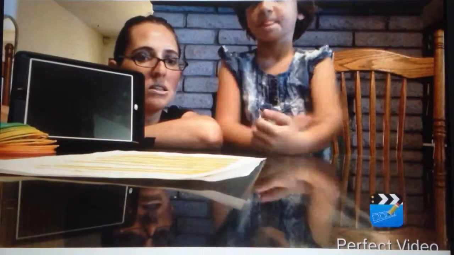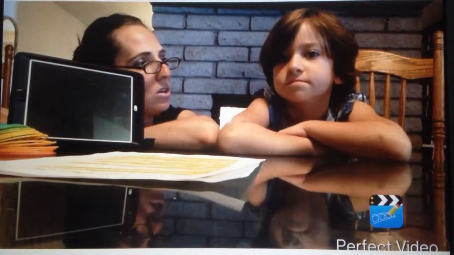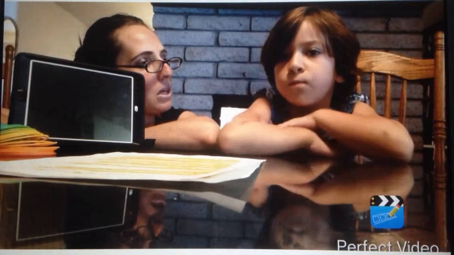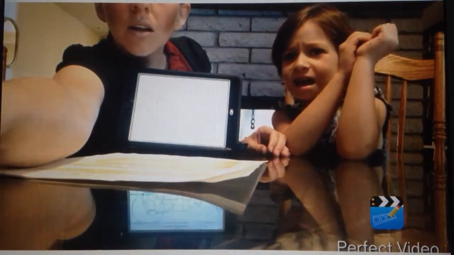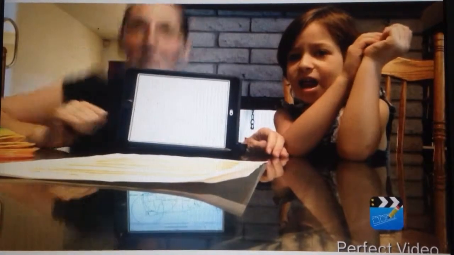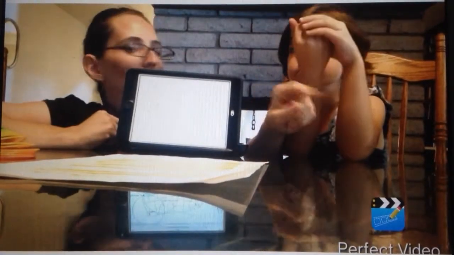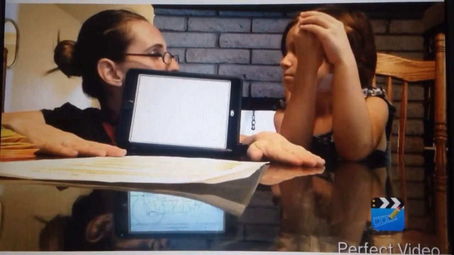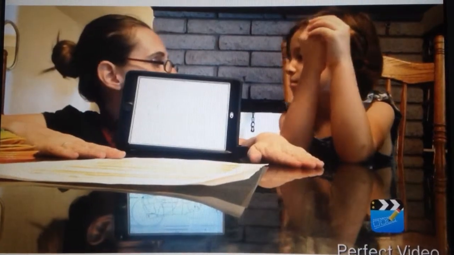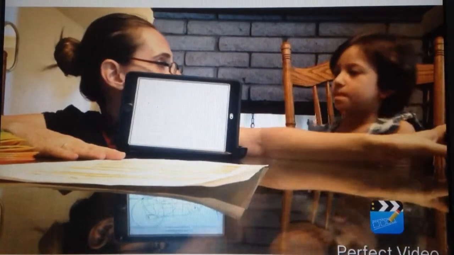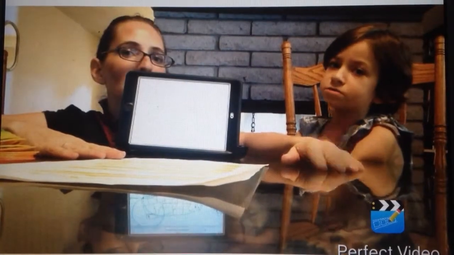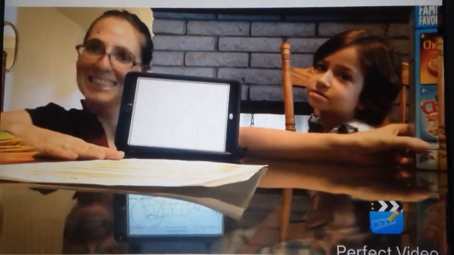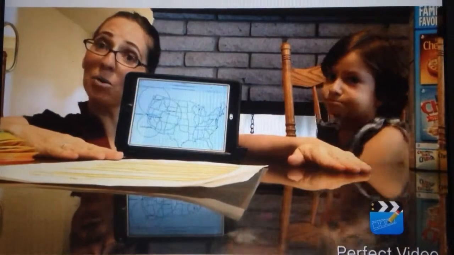Yep. Now, you said something about triangulation. Can you tell me about triangulation? So how do you know how far an earthquake is? You use your seismograph, and it tells you how far away it is.